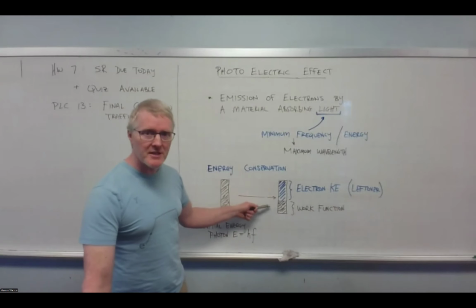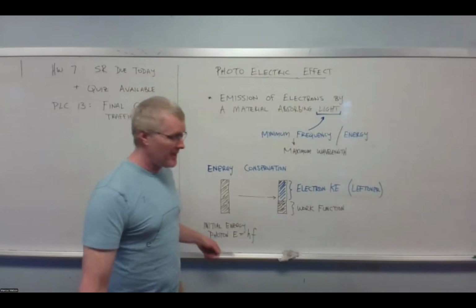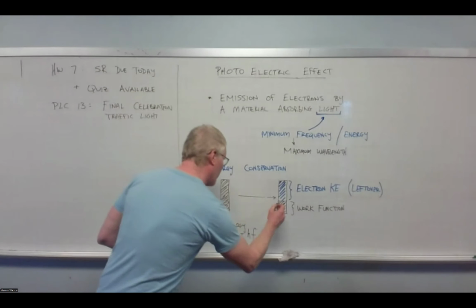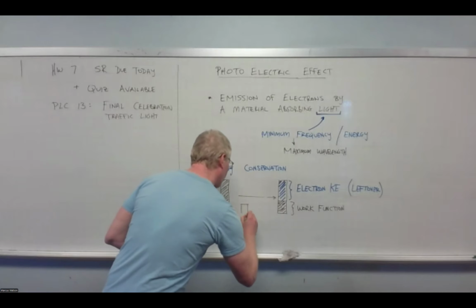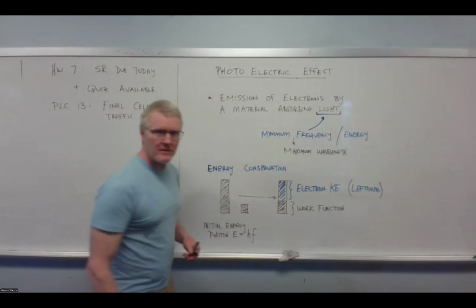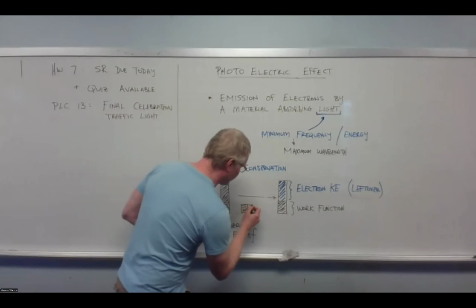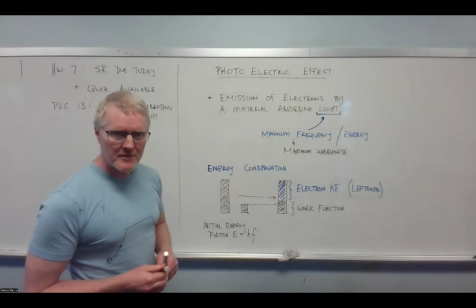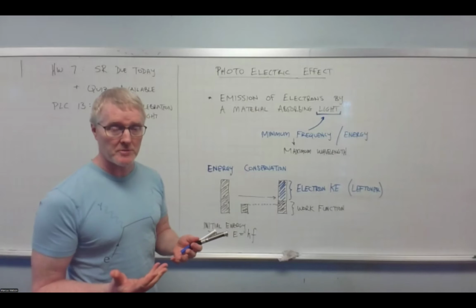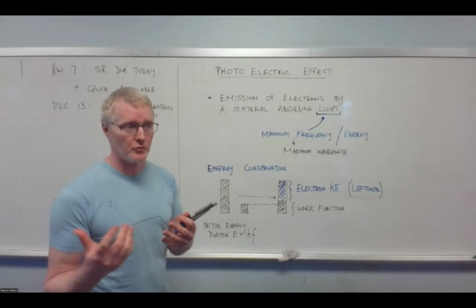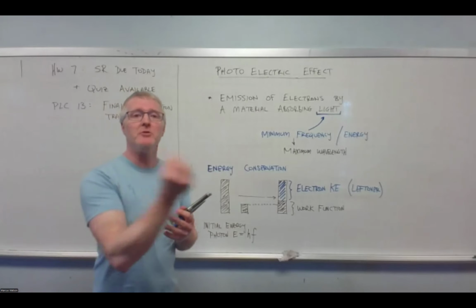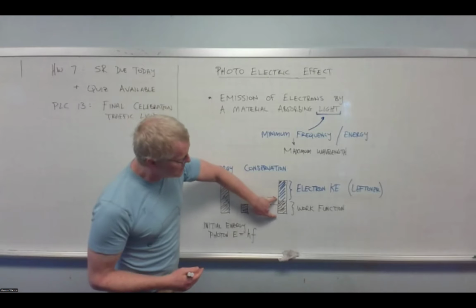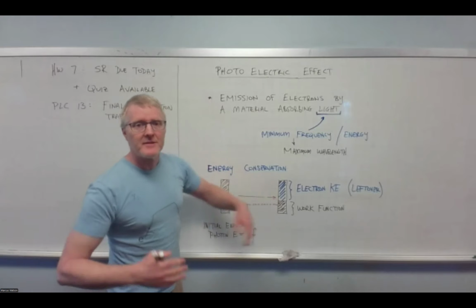If your photon does not have this much energy, in other words, if my initial bar here was only this big, then you might be able to see that that is not enough to start the photoelectric process. That's not enough energy that is necessary to get an electron to move out of the material. And therefore, below this energy, which we call the work function, simply nothing happens.